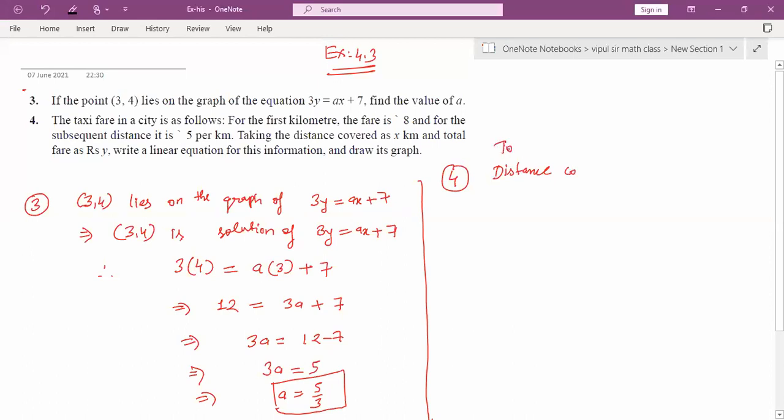You can write total distance covered is x kilometer and total fare, which is the total fare, will be rupees y.